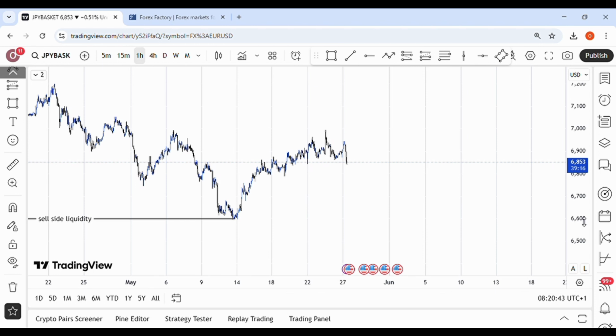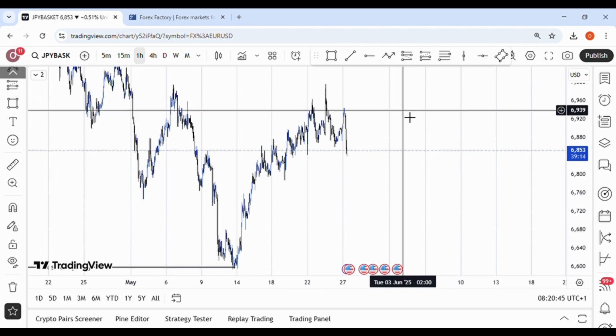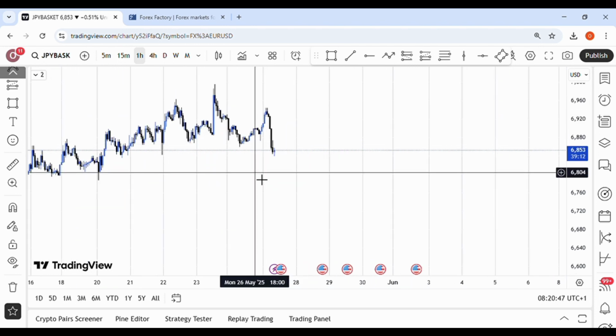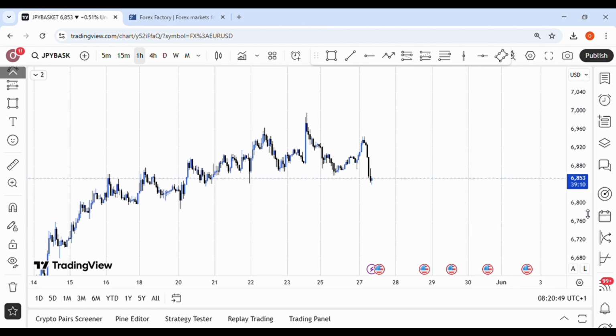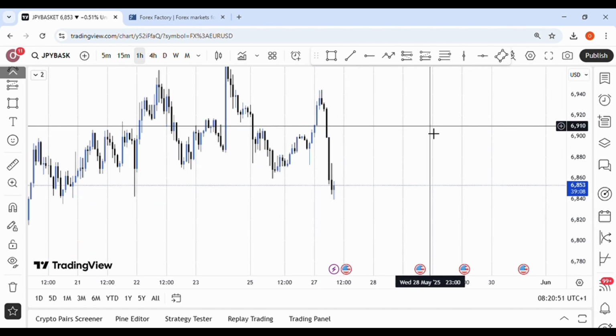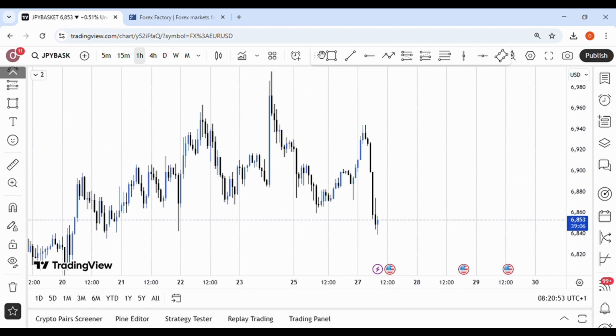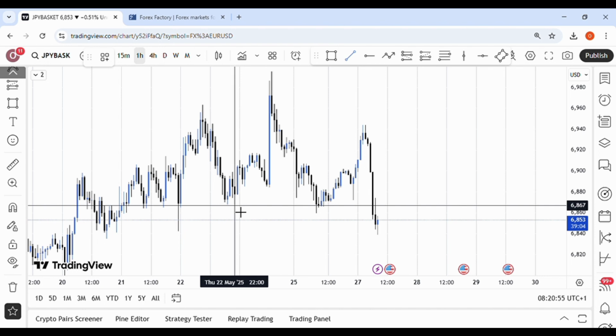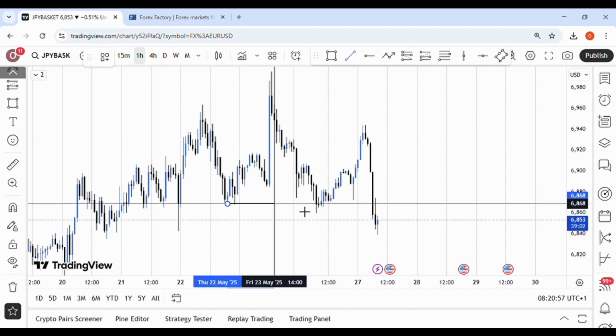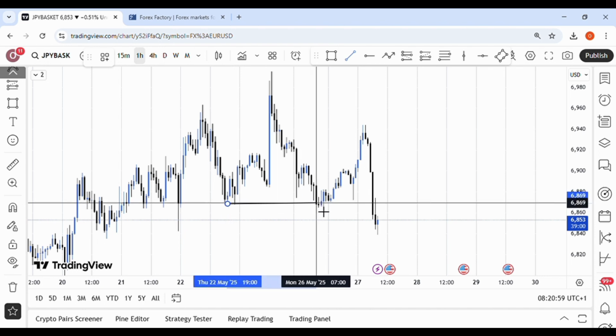Also now, if you check the normal current market movement, this is another liquidity sweep. You can see it, guys. This is another liquidity sweep from our sell side liquidity.